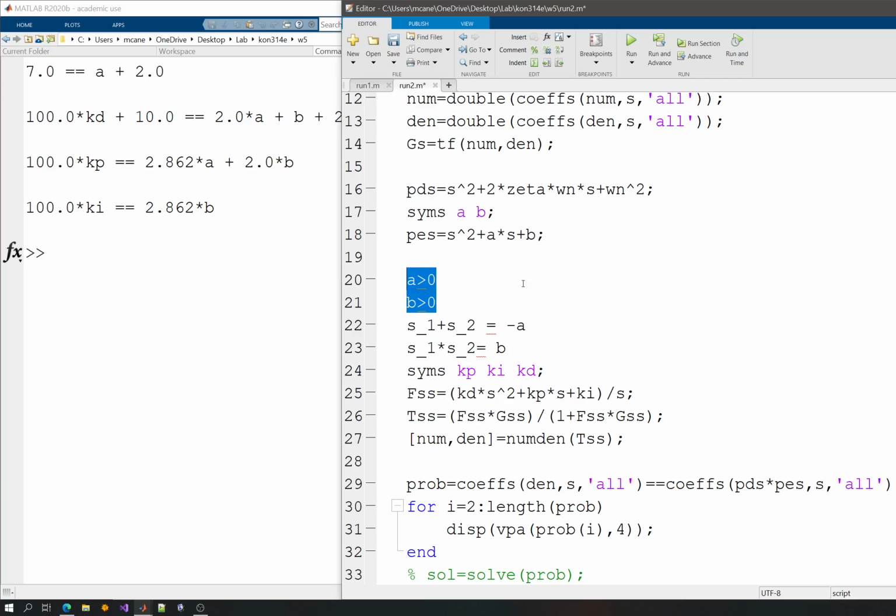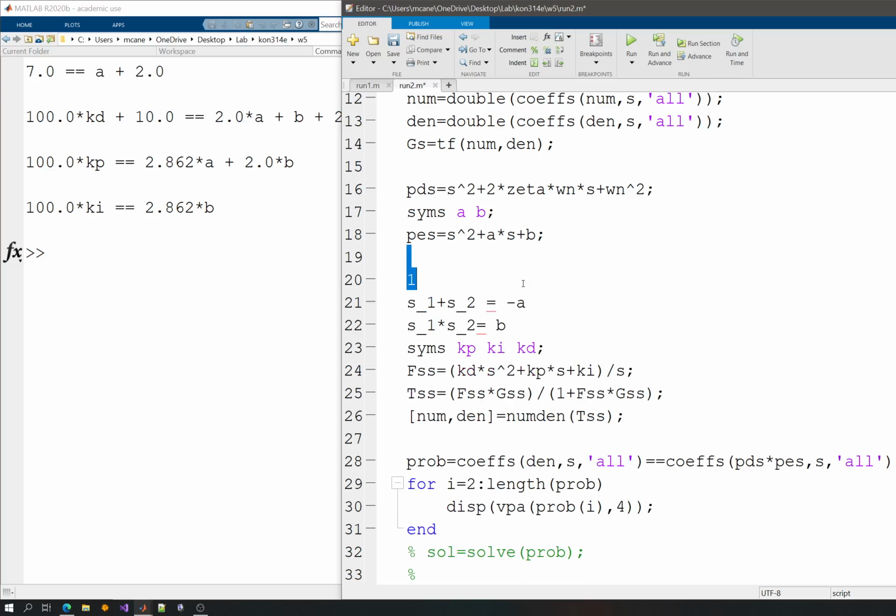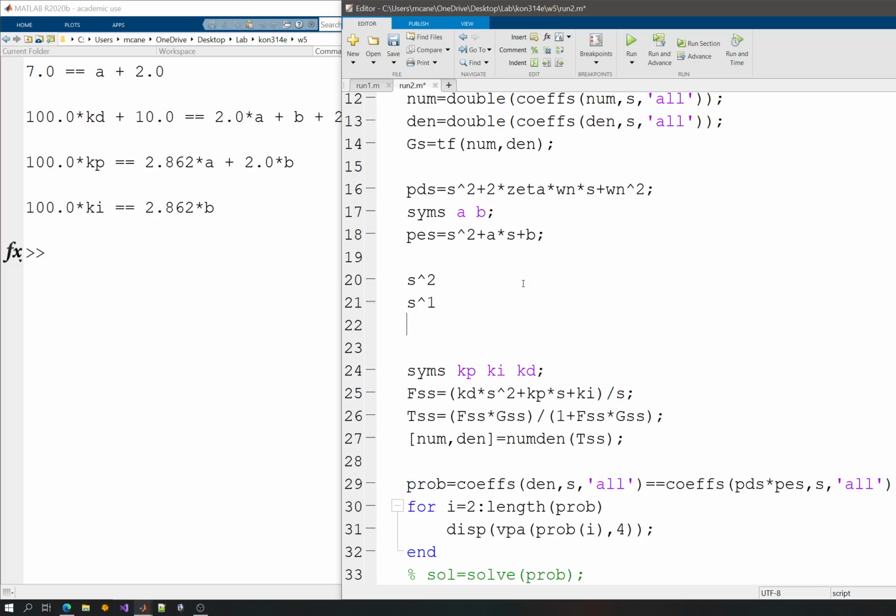So having a and b positive will give me stable solutions. Another way of thinking can be, again, with the Routh table here, and you will see that it is fairly easy. This will be 1, this will be A, this will be B, and this will be B. So 1 is positive, so A and B should be positive too, for stability.